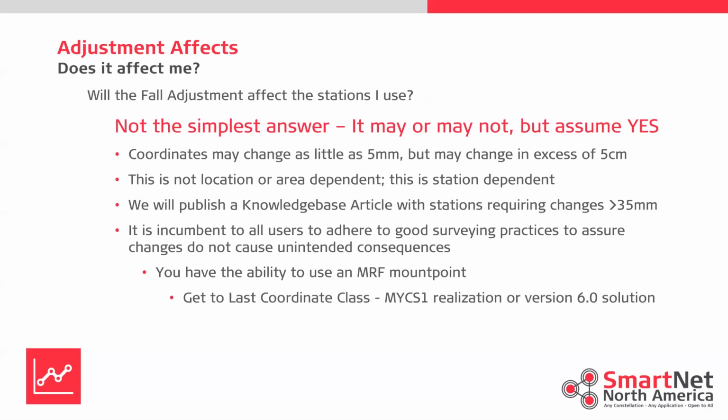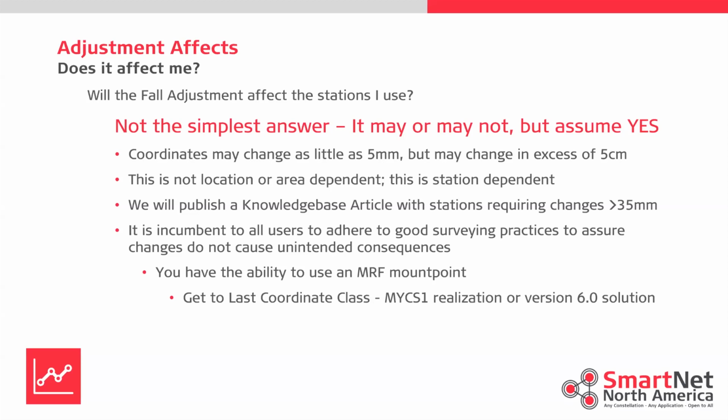Adjustment effects. Does it affect me? Will the broadcast coordinate adjustment affect the stations I use? Simplest answer is it may or may not, but go ahead and assume yes. Coordinates may change as little as 5 millimeters, but they may also change in excess of 5 centimeters. So make sure that you are ready for this change. This is not location or area dependent. This is literally station dependent.